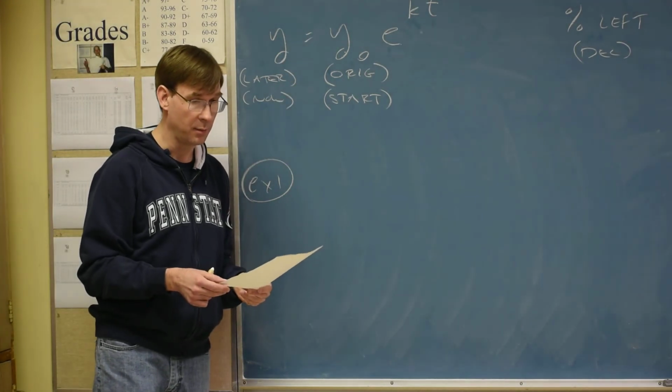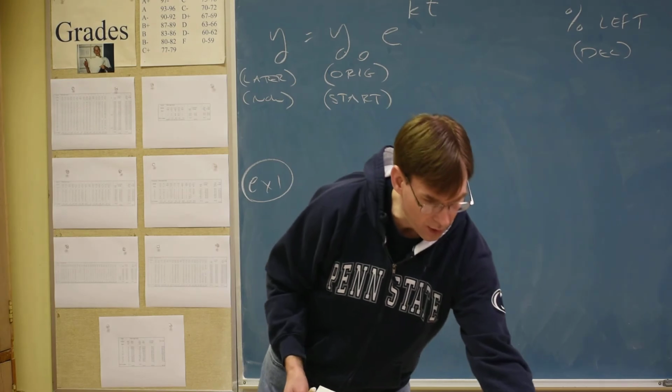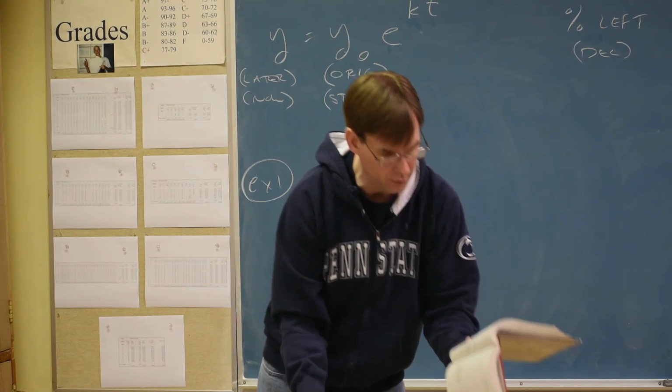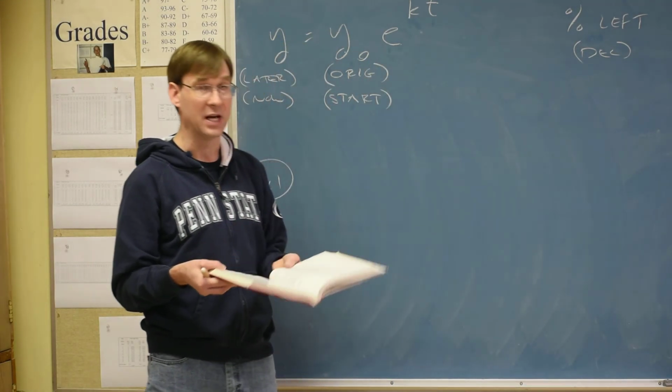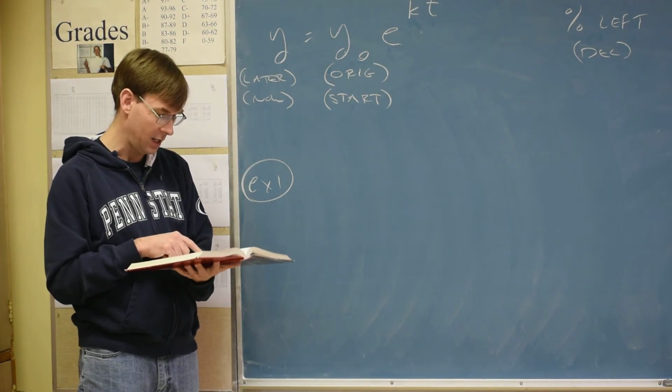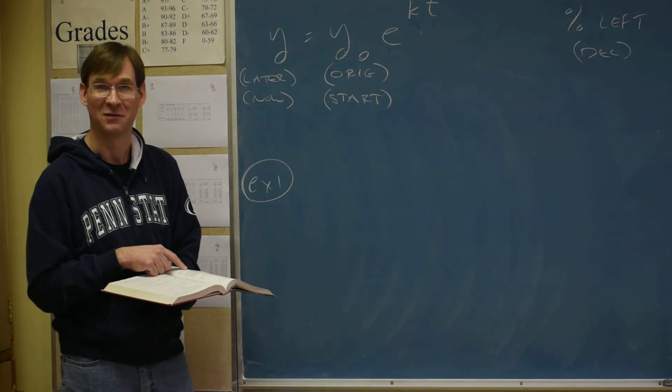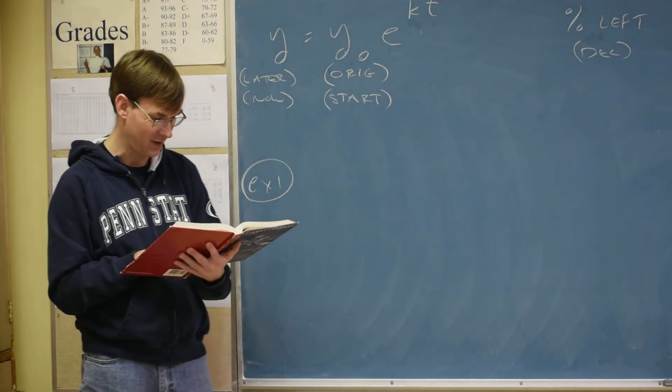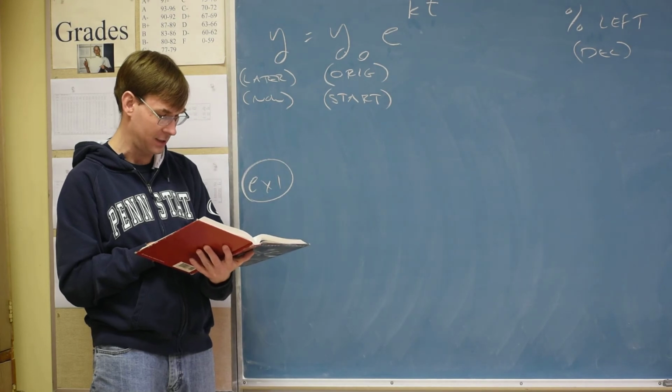So in the math book, there's an example, number 1, that I always run through. I'm on page 380. It's a disease eradication, which is kind of timely for our present coronavirus life right now. We wish we could eradicate that disease.